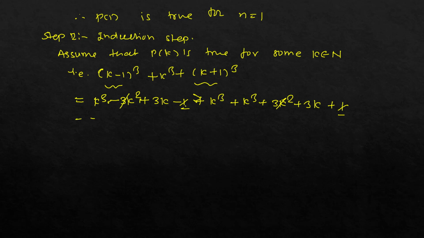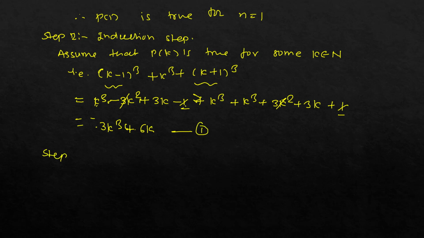So next we get k cube plus k cube plus k cube, so we get 3k cube. Then plus 3k plus 3k we get 6k. So this is equation number 1.